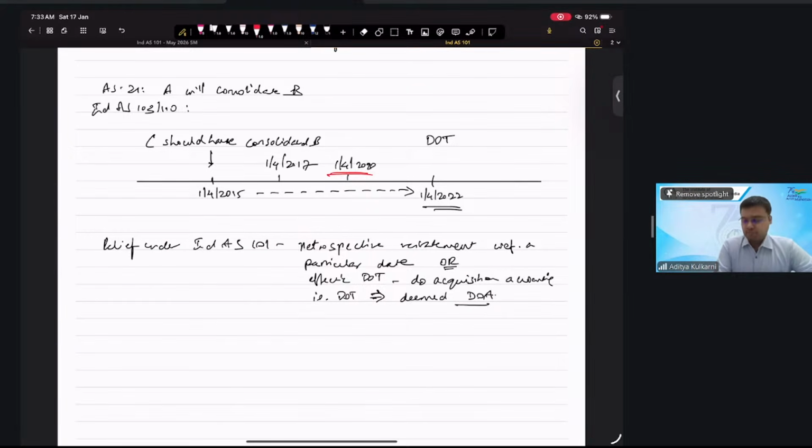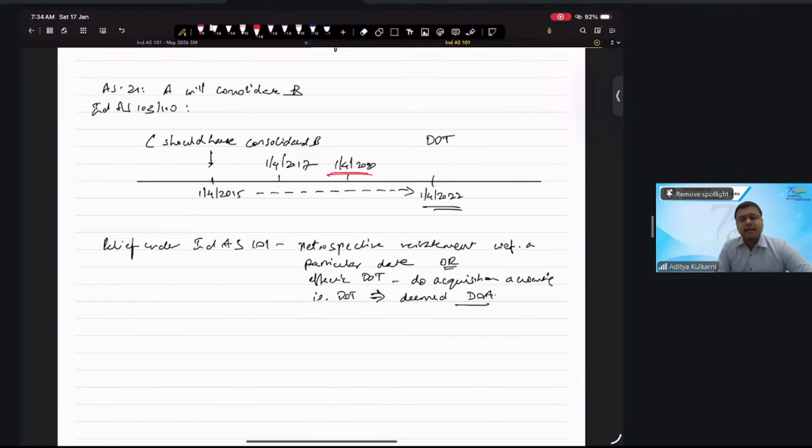But under Ind AS, can NCI, non-controlling interest, be negative? I think it can be negative. Why?